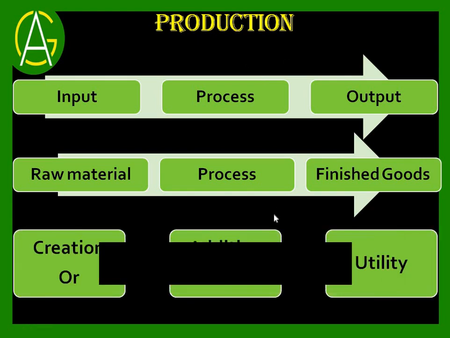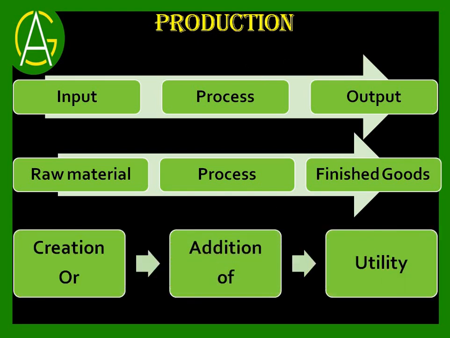Now the next definition of production is creation or addition of utility. Two things we need to remember: either we can create utility or we can add utility to something. The thing which does not have utility at all and we create some utility in it, that is called creation of utility.